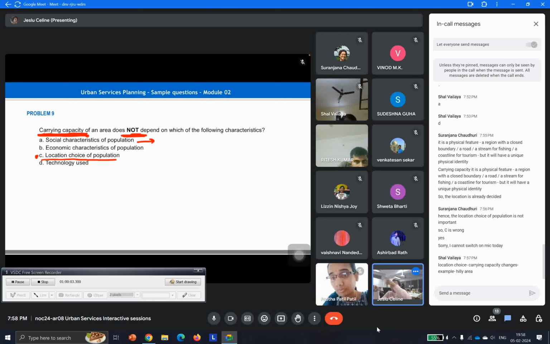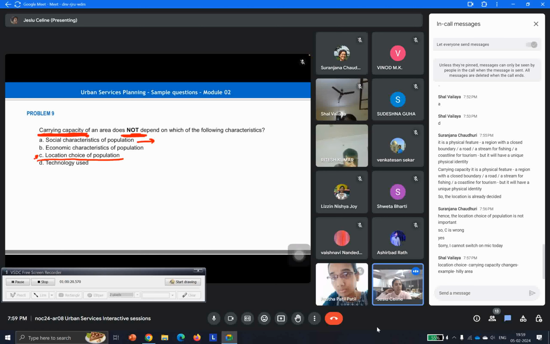But the spatial choice of where people are located in that region doesn't matter for carrying capacity, because wherever they are, it's not affecting the ability of the region. So the answer to this question is the location choice.